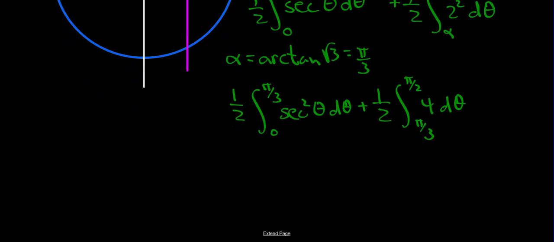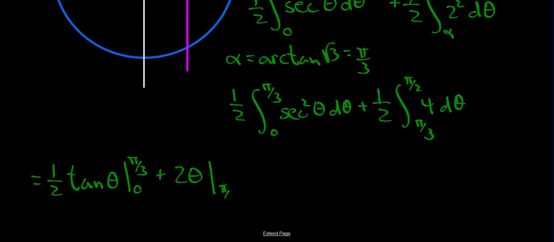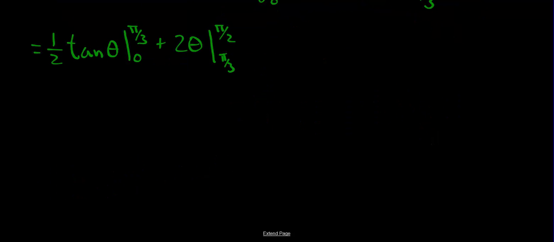For this first one, the antiderivative of secant squared is tangent, and we're going from 0 to pi over 3. And for that second one, we've got 2 theta from pi over 3 to pi over 2. So 4 divided by 2 is 2, and then I integrate it and get the antiderivative to be 2 theta.